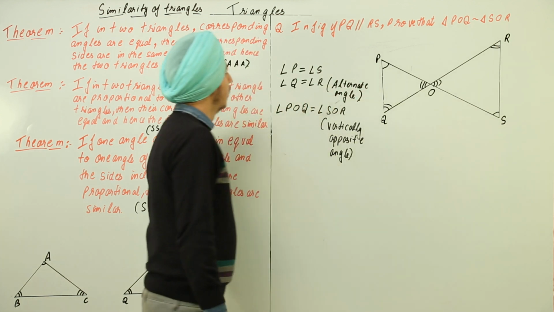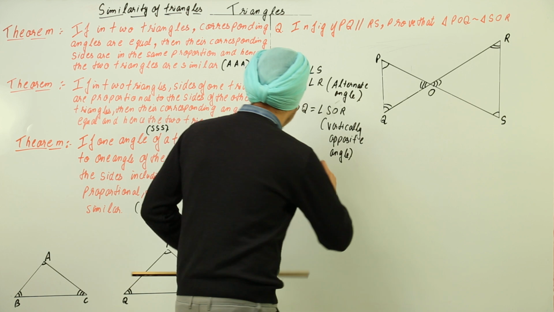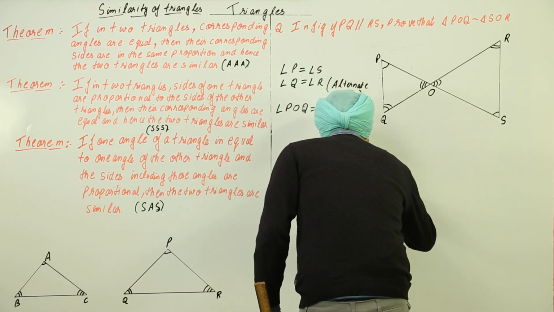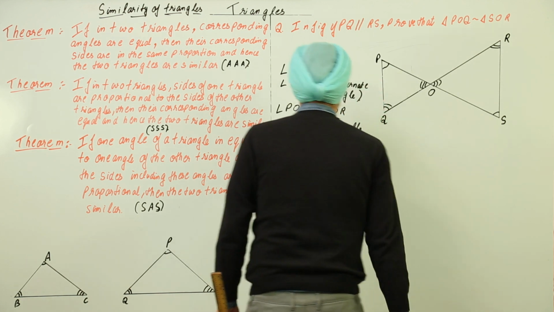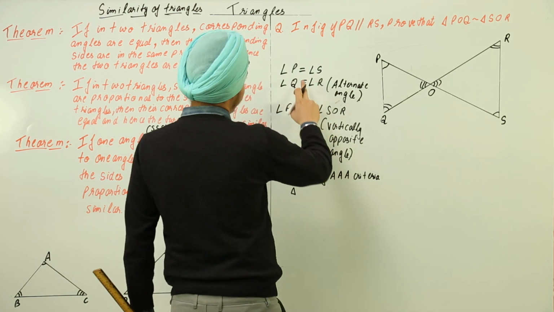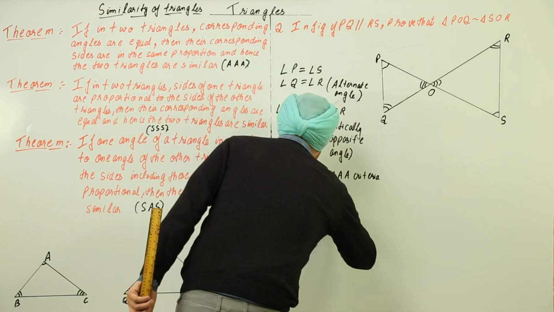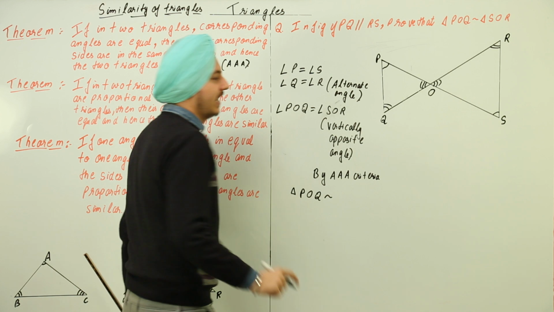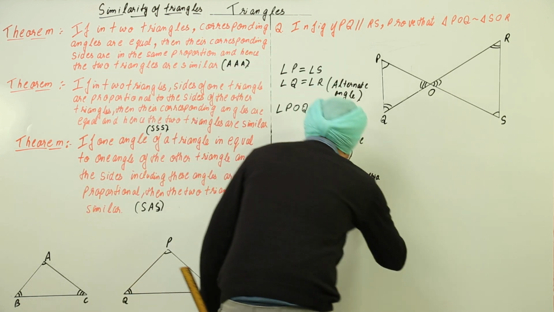Correct? Right? Now, by AAA criteria, what happens is triangle, how do we write over here? POQ is similar to SOR.